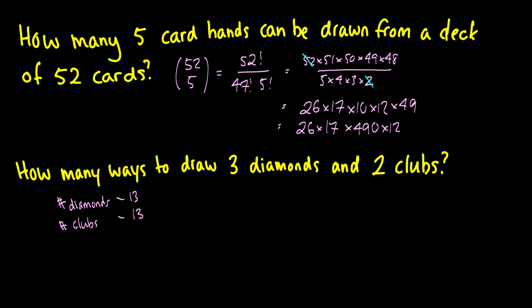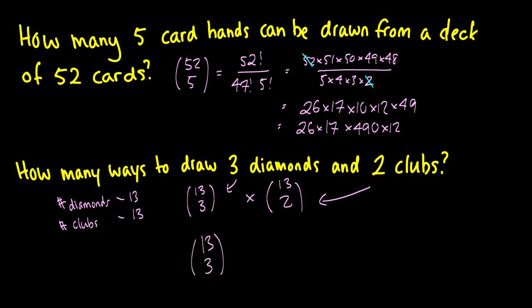So we say, okay, 3 diamonds, that means we have 13 ones we can choose from, and we just want to choose 3. So this is the diamonds. And then we multiply that by 13 choose 2 clubs. And this will get you your answer. So basically your answer is going to be 13 choose 3 times 13 choose 2.